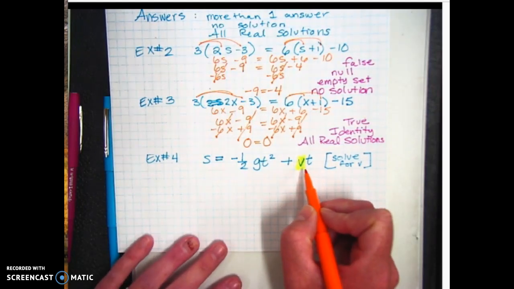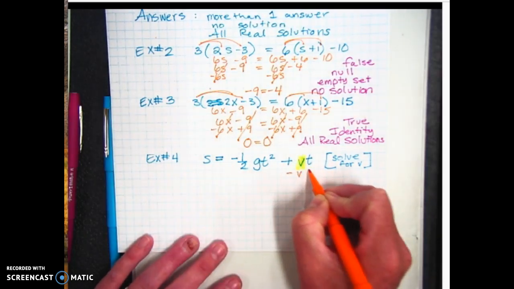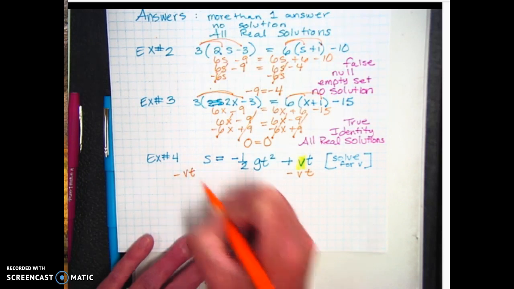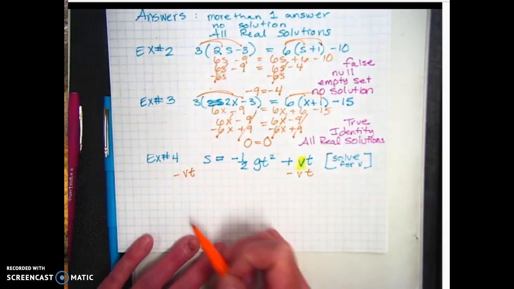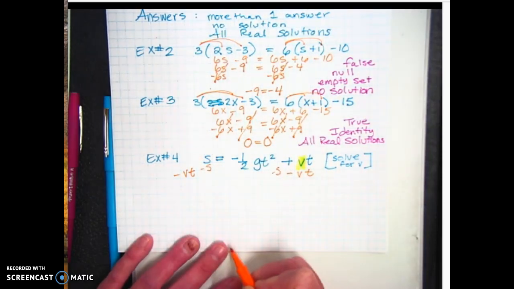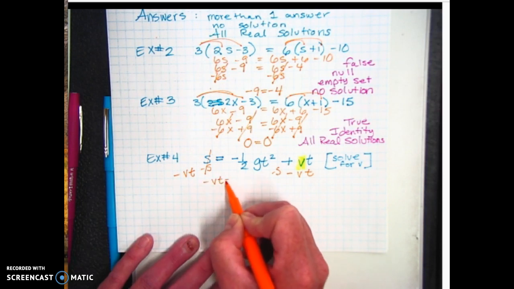So the first thing I want to do is move this term over to this side. So I'm going to subtract that VT. And it's the only term I want over there, so I'm going to subtract the S in the same step. That leaves me with just the negative VT.